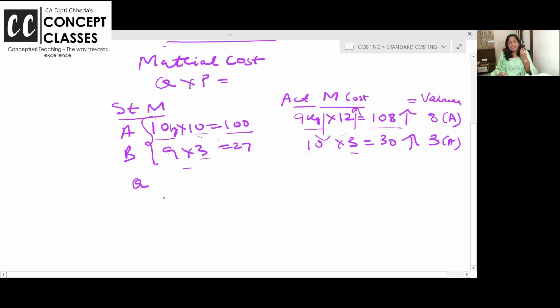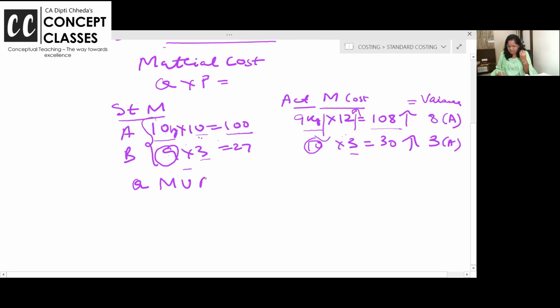Can I call difference in quantity the material usage ratio? Difference in price, the material price ratio. Difference in mix: standard is 10:9. In total 19 kg is used, but the mix is different. Here A is used more, there B is used more than A.